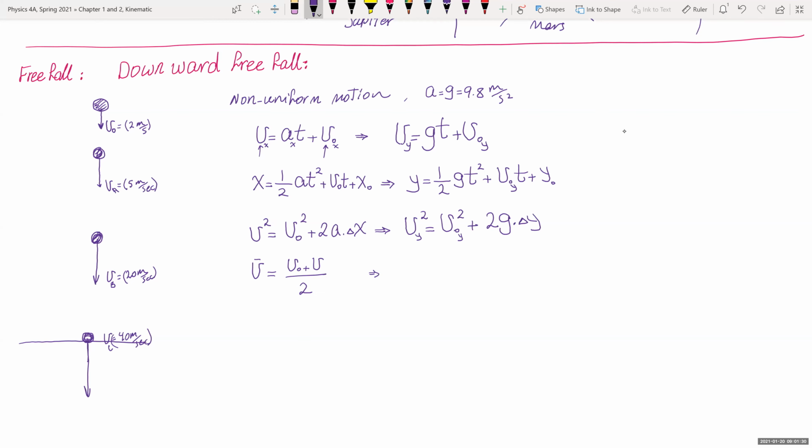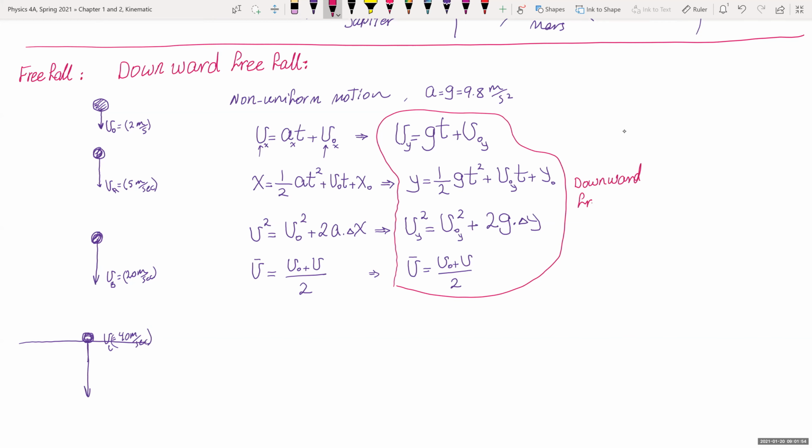So here also I can write v bar is v naught plus v divided by 2. So these four are for downward free fall.